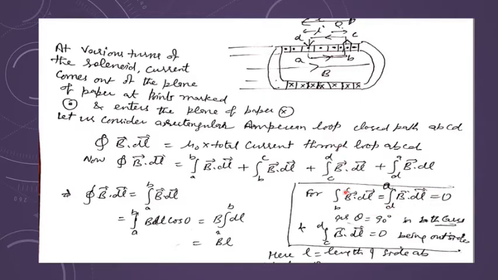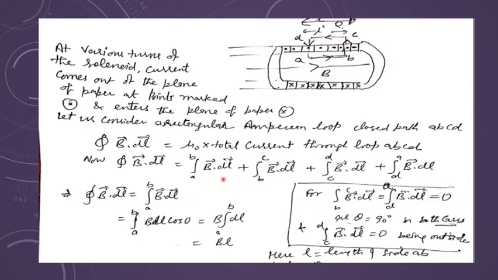So the integral of B dot dl equals 0 for BC as well as for D to A. And for the line CD, as it is lying outside the solenoid, again the magnetic field will be 0. Outside there is no contribution to the magnetic field.